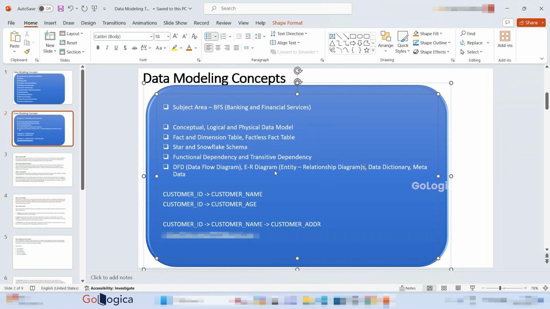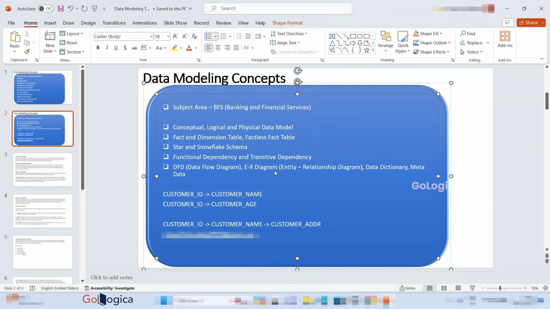But in an ER diagram, we do different things. First of all, we think about the entities of a system. Like for banking and financial services, entities will be first the bank, second the customer, third the accounts, fourth their credit cards, fifth maybe their mutual funds if they allow.